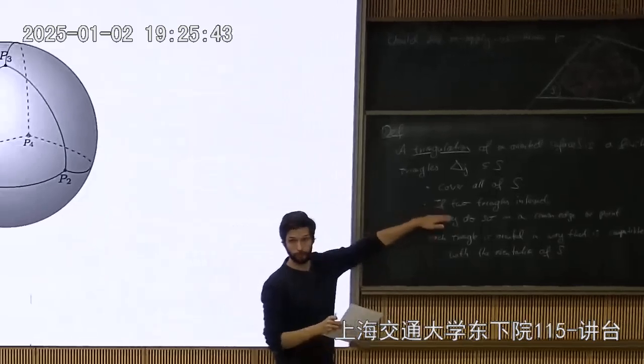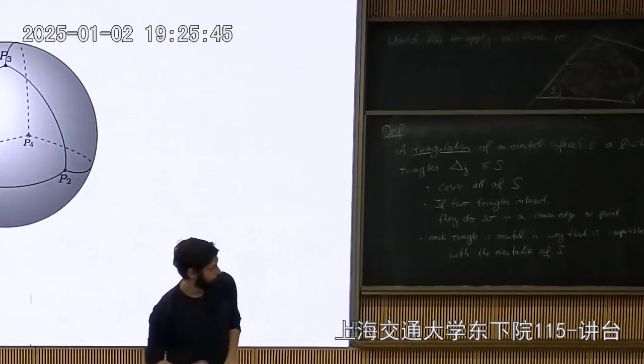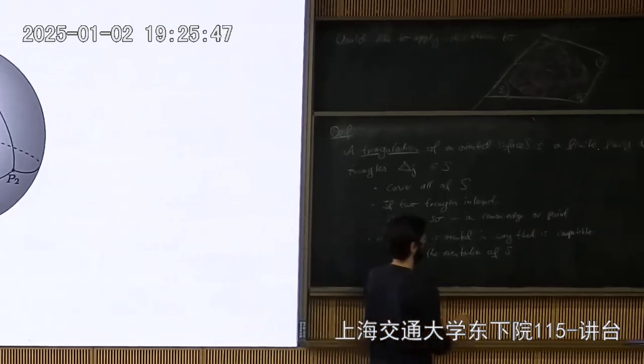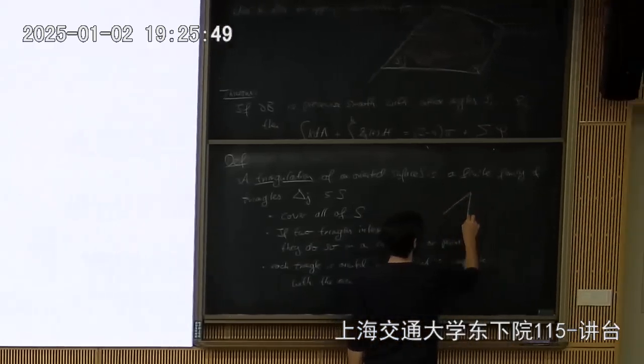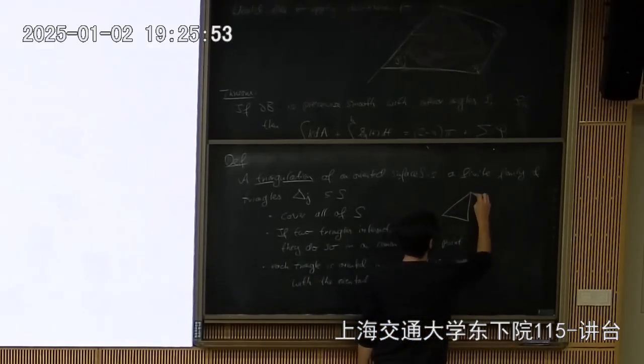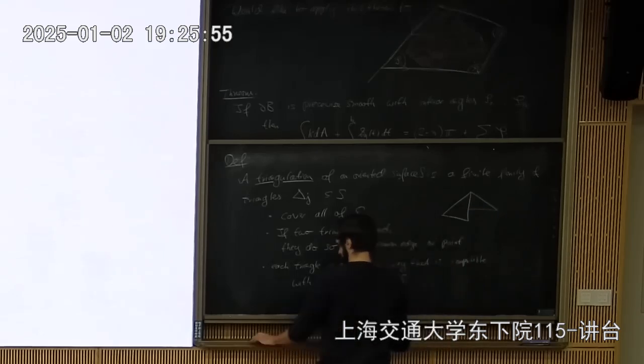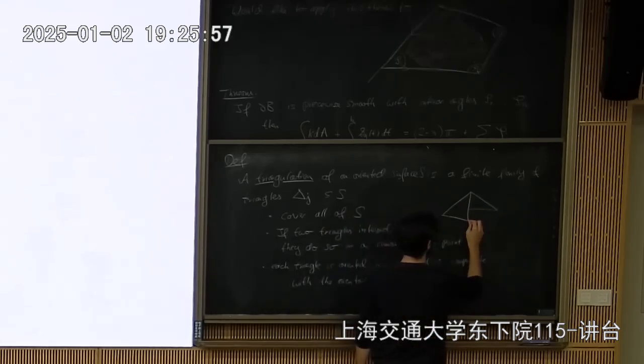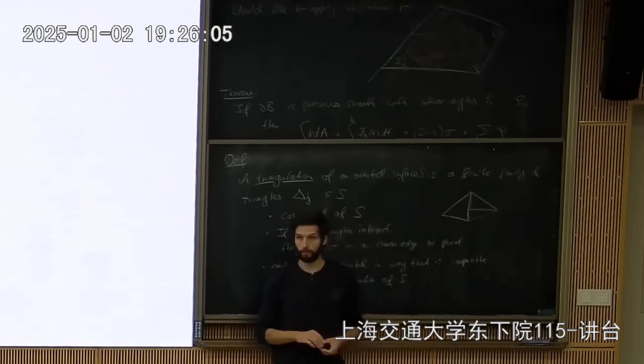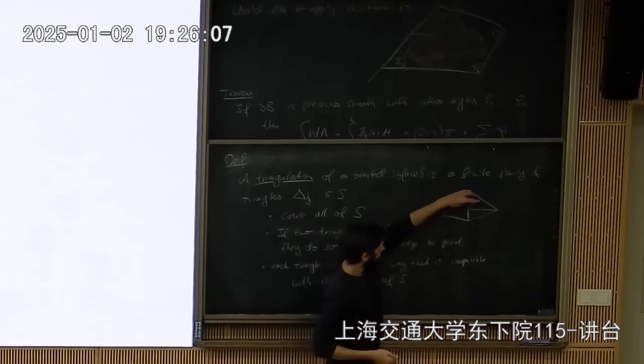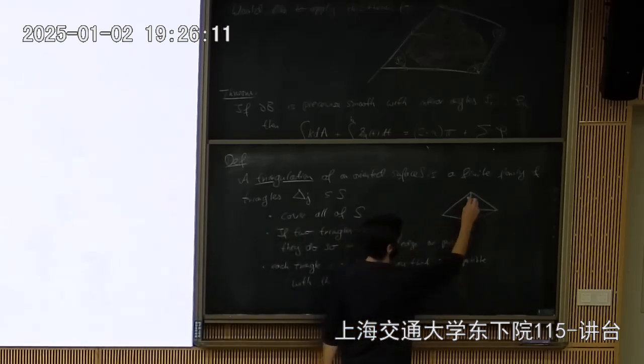So the second point just means that, for example, you can't have a picture like this where you have one triangle and then another triangle like this, and the third triangle would be this. You can't have that because the green and the white one intersect.